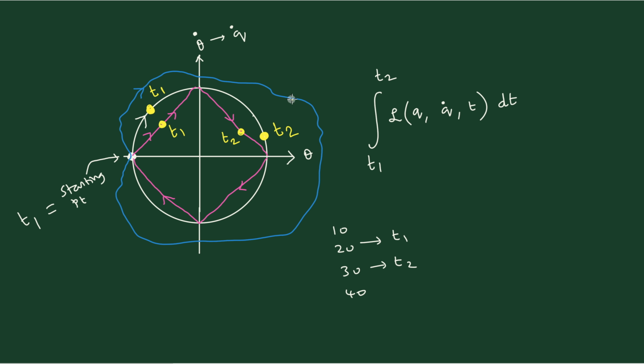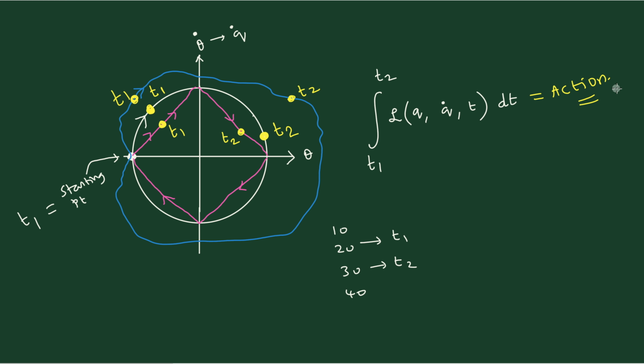In the case of the blue color line, this could be t2 and that could be t1. Conceptually, when you write the equation, you need not show t1 and t2 on the actual path, because the actual path itself we don't know. So we can arbitrarily draw some curve, fix the two points t1 and t2, write down this particular quantity, and then call this quantity by the name action.